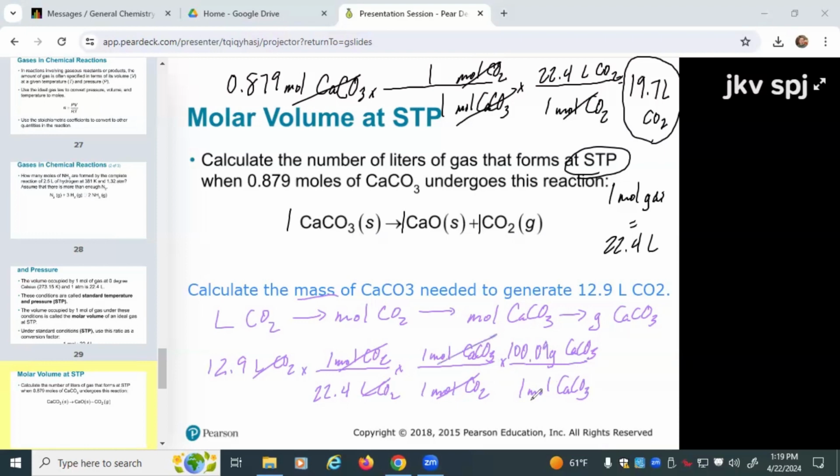So my moles of calcium carbonate cancel out. I'm left with just grams. 12.9 multiplied by 100.09 divided by 22.4. To 3 significant figures again, that gives me 57.6 grams calcium carbonate.